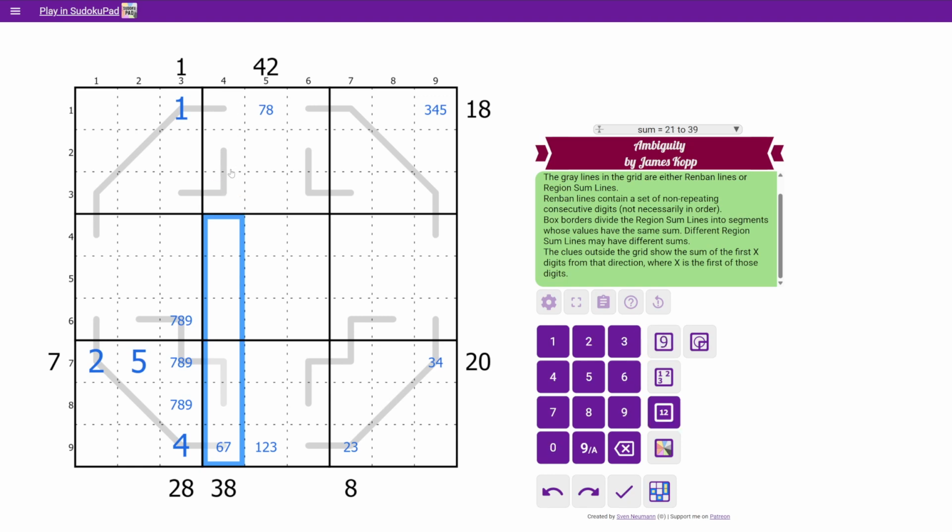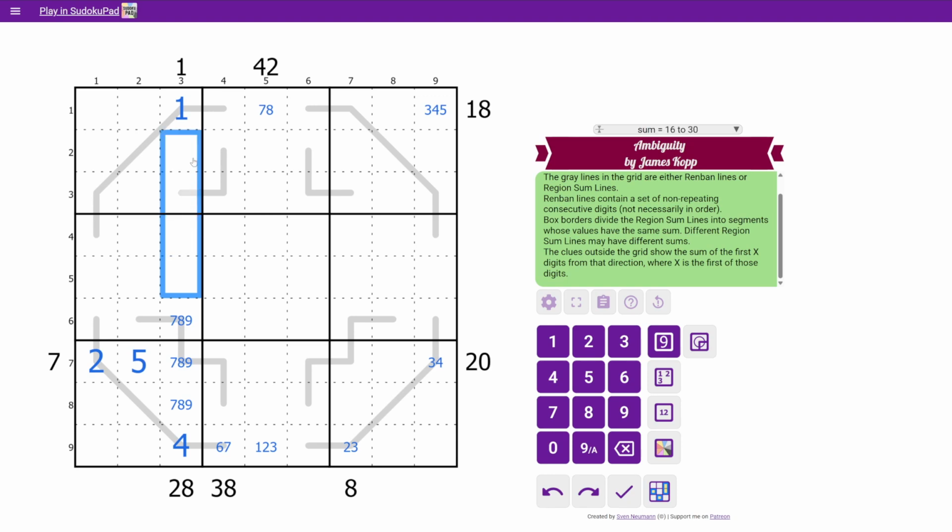So it's either 1, 2, 4, or it'd be like 6, 1, or 5, 2, or 4, 3 in these two cells, which I think would be okay. These are going to be 2, 3, 5, 6.